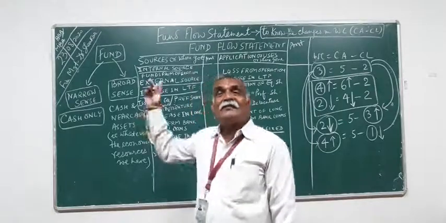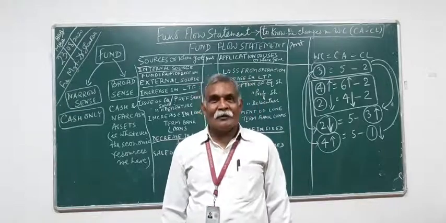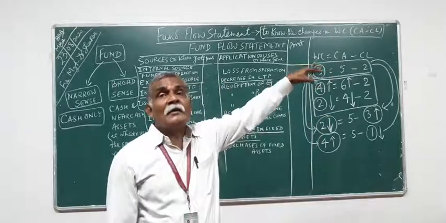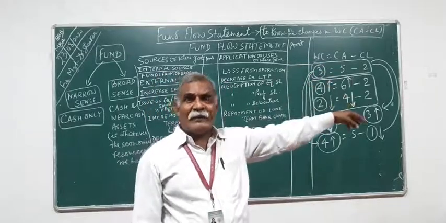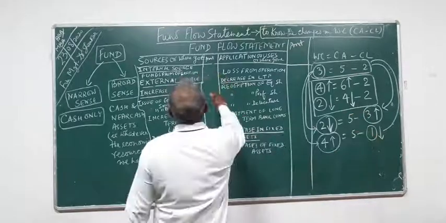And that is the reason this funds from operation is also known as adjusted profit and loss account, which I have already discussed with you. The amount which you have calculated as funds from operation separately, you take that amount and write it here.